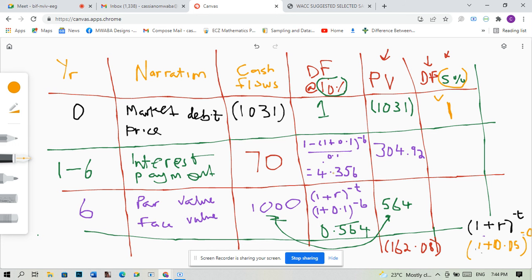Then we go to our discount factor for the interest payment.